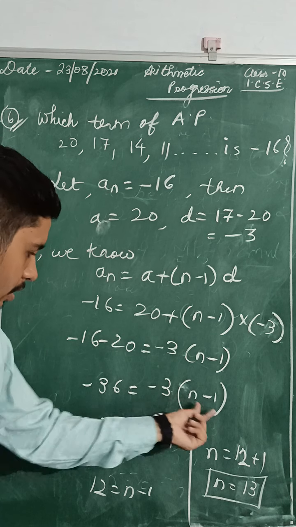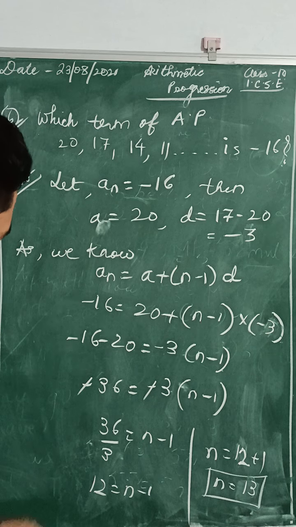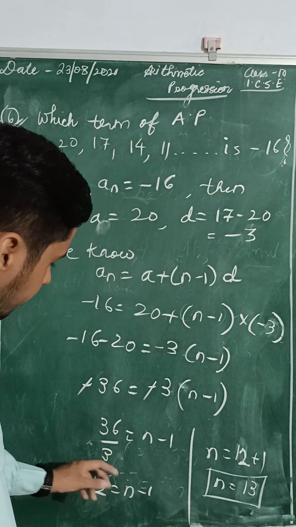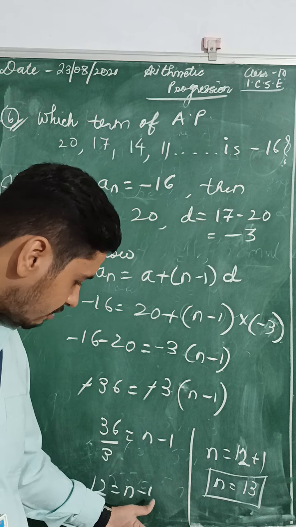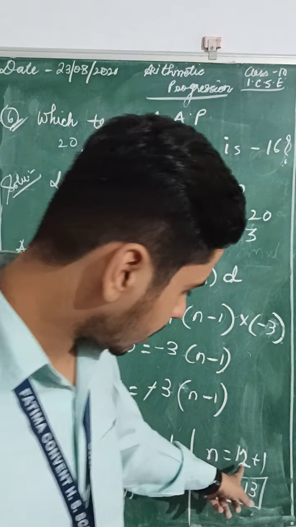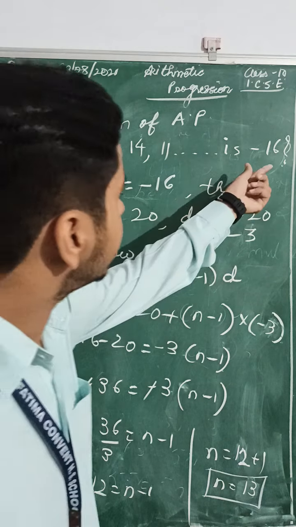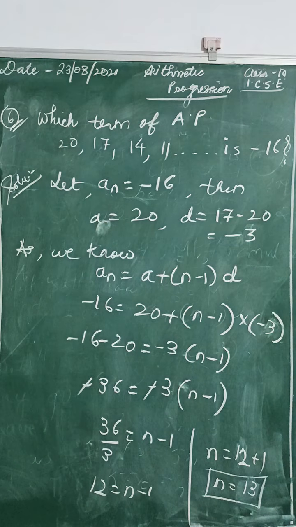Minus and minus we can directly cancel. So 36, which is in multiplication, will go in division here. 36 upon 3 equals n minus 1, which is 12. Taking minus 1 across, n is equal to 12 plus 1, 13. So that is how we got 13. So minus 16 is at the 13th position in this particular series.